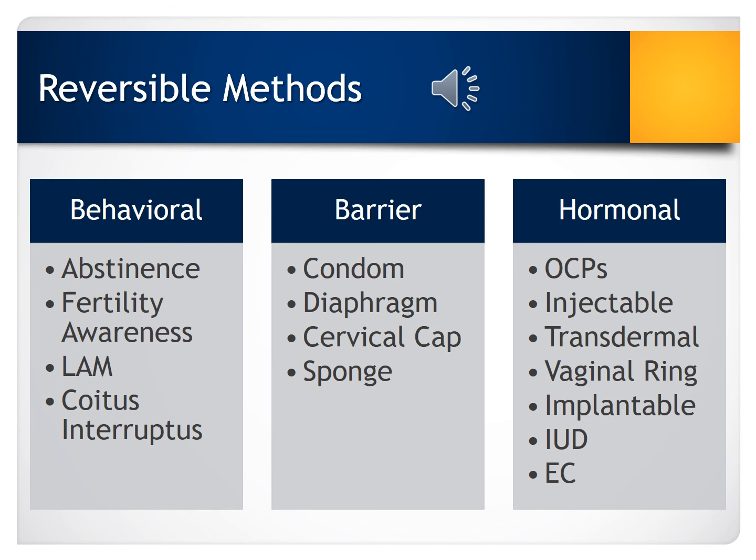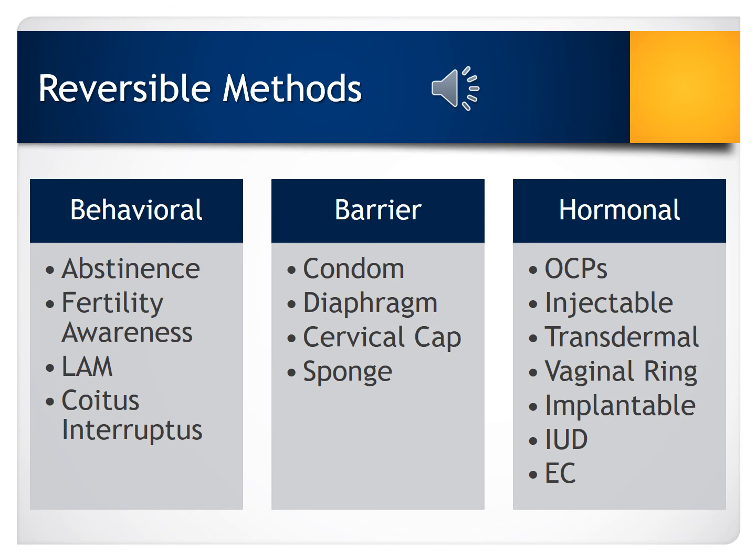And lastly, these methods work by creating a barrier by increasing cervical mucus so that sperm can no longer enter the uterus through the cervix. So it's also acting as a barrier method.